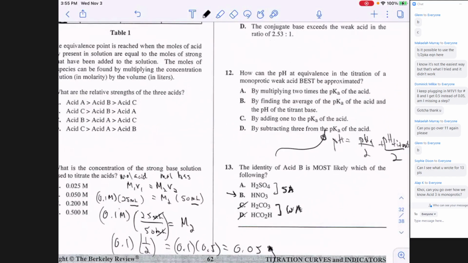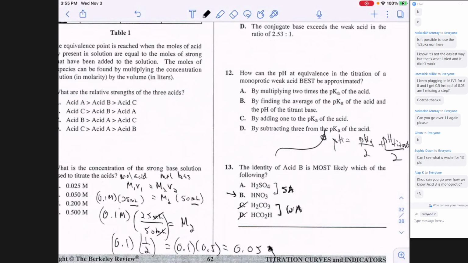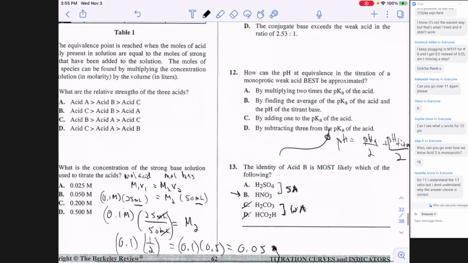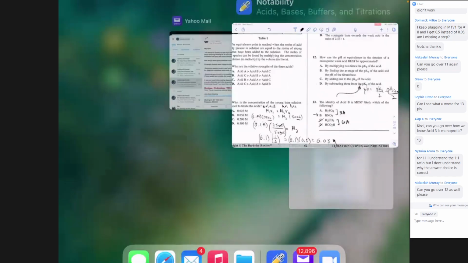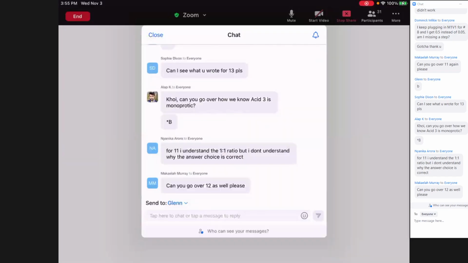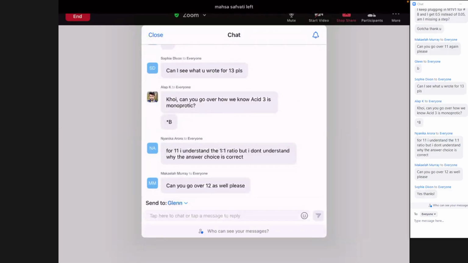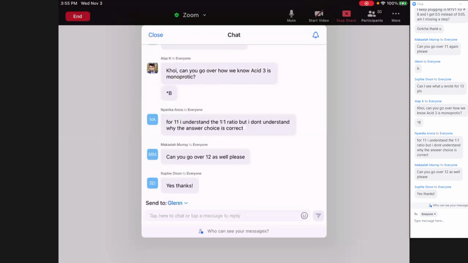The other thing that we know is that it's monoprotic, right? Because there's no part of it where it begins to behave like a buffer. So it's monoprotic. So there's only one hydrogen. So I'm going to choose the acid that only has one hydrogen. Okay, did that answer your question too, Alap?